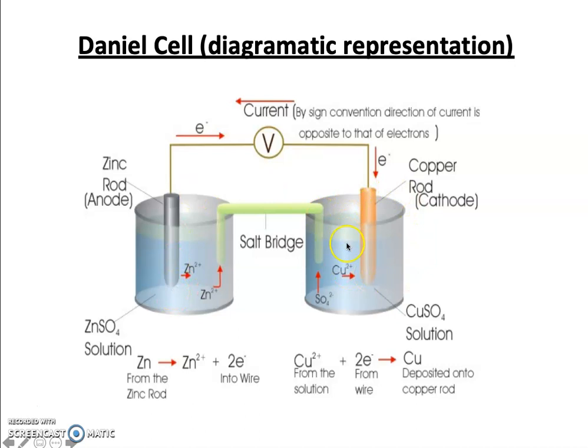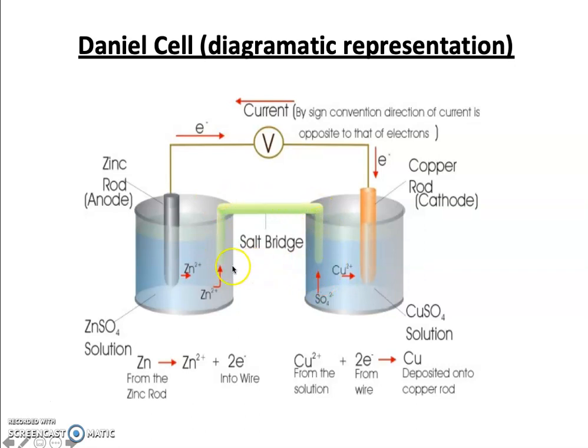Now at the copper cathode, we find that the copper electrode is accepting the electrons and getting reduced, and this flow of electrons that is taking place from the anode to the cathode causes the current to flow in the opposite direction.